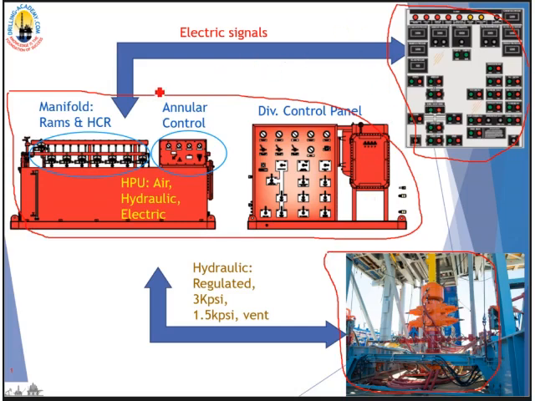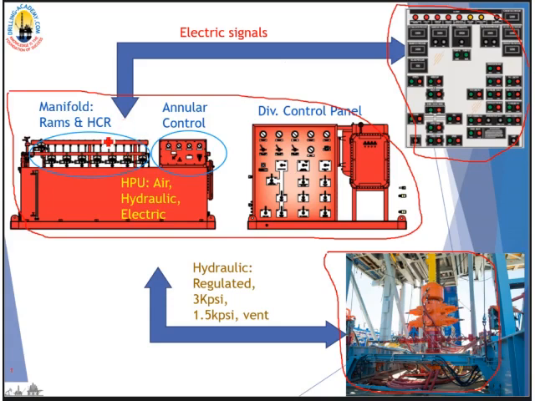The communication between the Koomey unit and the remote control panel is all done in the form of electric signals, right? You press a button in here, the PLC will send the electric signal to the Koomey unit.